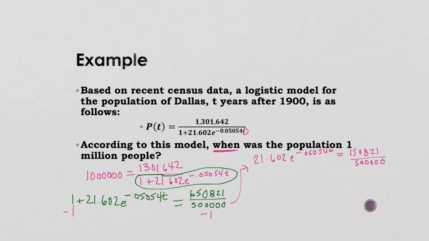Then we divide by 21.602 and we get e to the negative 0.05054t equals this value. Now we take the natural log of both sides in order to undo the e. So I get negative 0.05054t equals the natural log of 0.013.